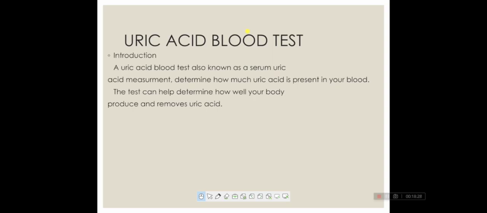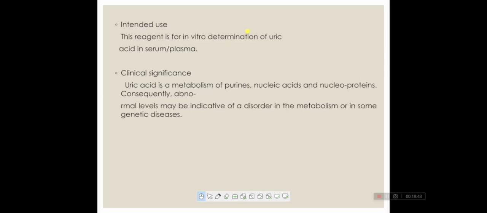So the uric acid blood test is performed, which is also known as the serum uric acid measurement. It determines how much uric acid is present in the blood. This gives us the determination of how well our body is producing and removing the uric acid. So it is performed in the laboratories generally.